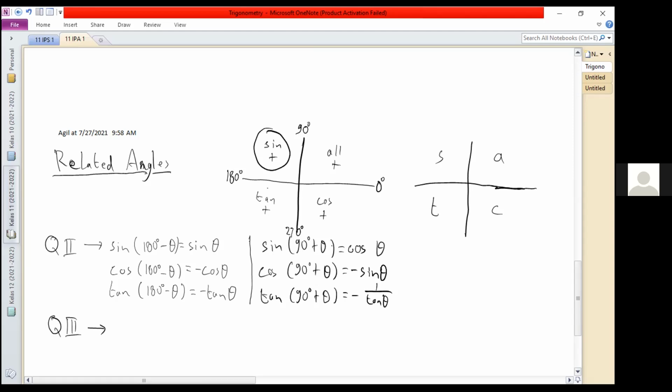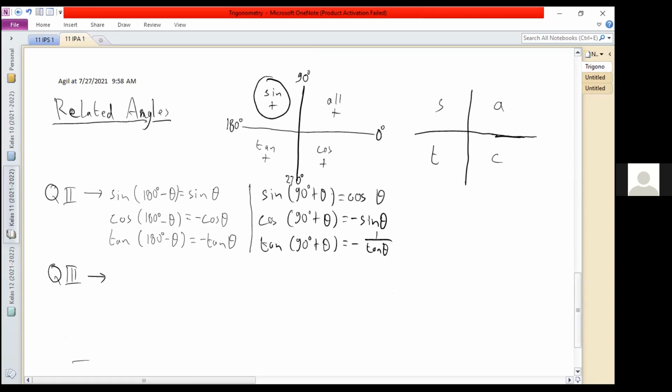For the third quadrant, we can get it from 180 and 270. Again, if you are using 180 degrees, you will get the same function: sine still becomes sine, cosine cosine, and tangent tangent. But if you are using 270 degrees, you will reverse the sine and cosine.